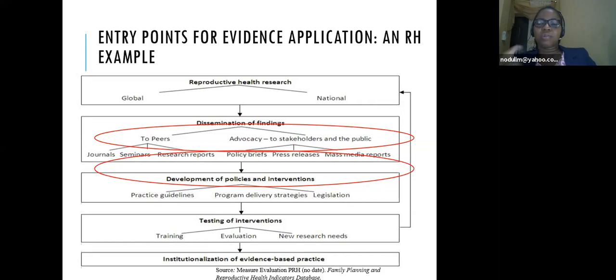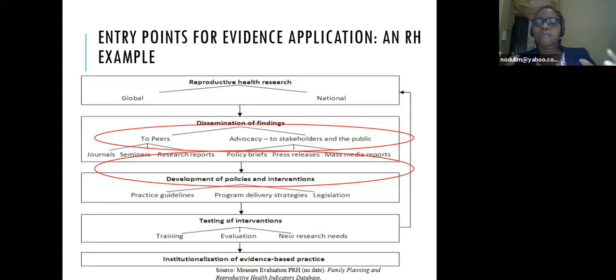That trickles into development of policies and interventions. There we have the guidelines for practice, the strategies for program delivery, and even legislation. Then testing of interventions. There we have the level of training, evaluation of what we've done, and new research needs coming out.